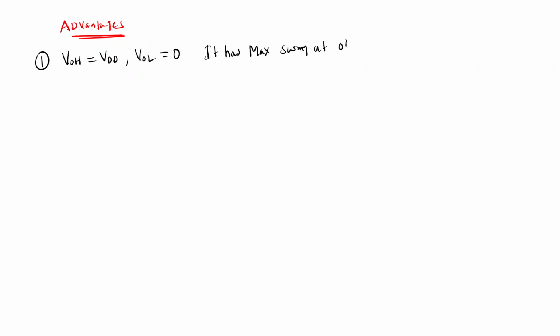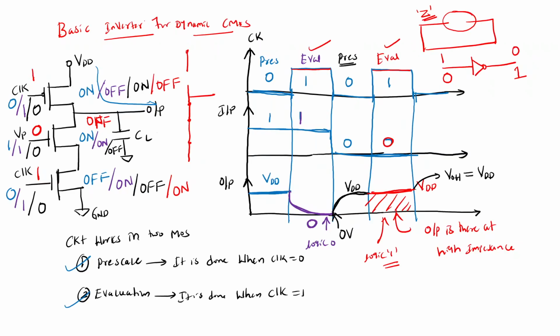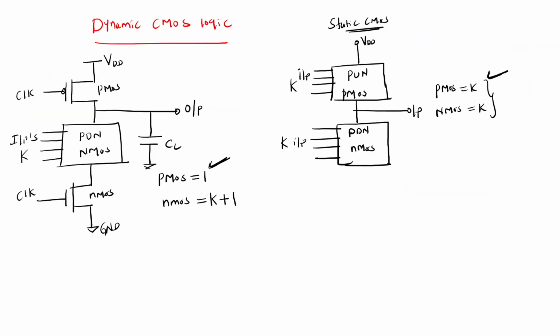And you have ISS equal to 0. And we already compared dynamic CMOS and static CMOS. Dynamic CMOS has only how many PMOS?